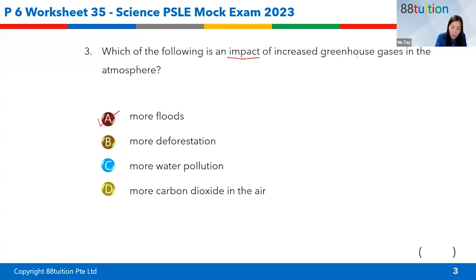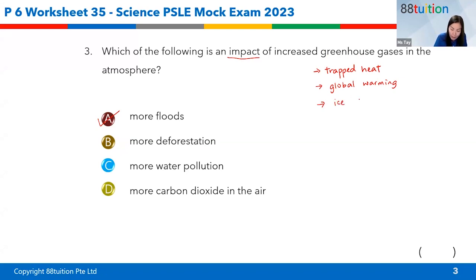Why? Because when you have a lot of greenhouse gases in the atmosphere, there will be a lot of trapped heat. And the trapped heat will lead to global warming. And global warming means our surrounding temperature is getting higher and higher.